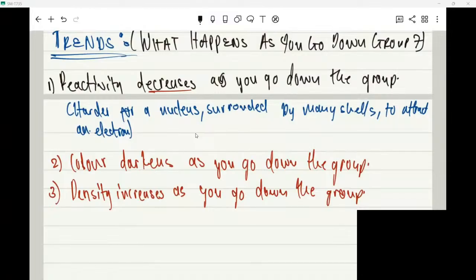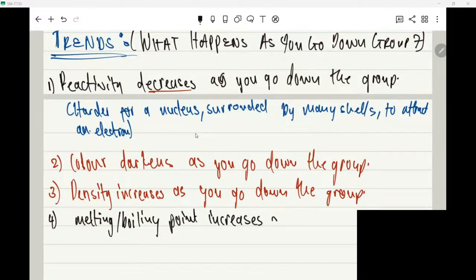So these ones are now heavier. So density definitely increases. What about the melting point? That's a very, very important one. Melting or boiling point as well. So we can say the melting or boiling point increases as you go down the group.